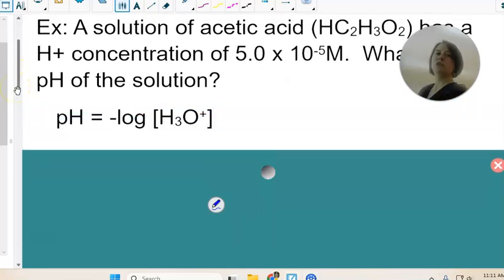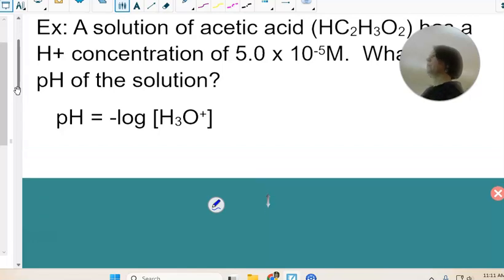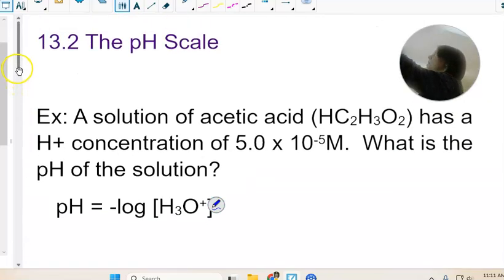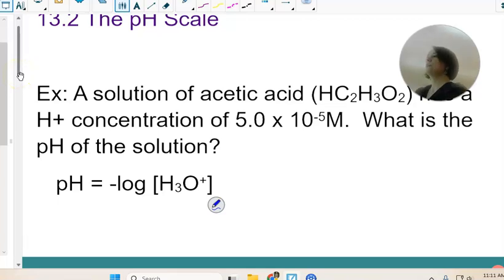So the first thing we're going to do is write down our equation. And as you know, the equation is pH equals the negative log of the hydronium concentration. So let's see, what are we trying to figure out? We're trying to figure out the pH, and we know the hydronium concentration because it told us a concentration: 5.0 times 10 to the negative fifth molar.